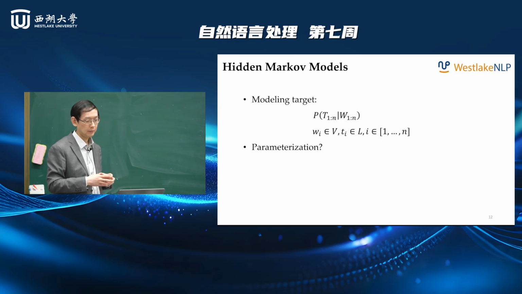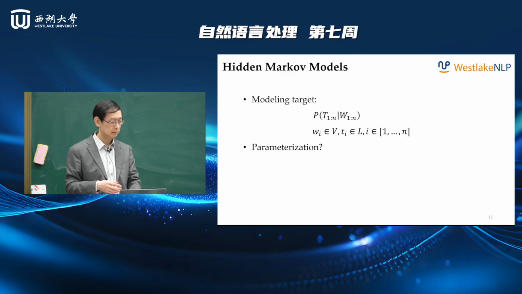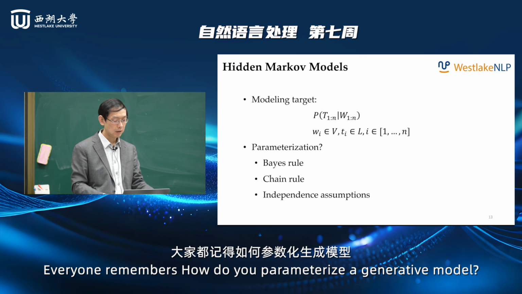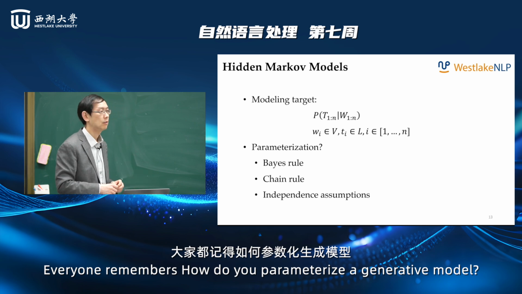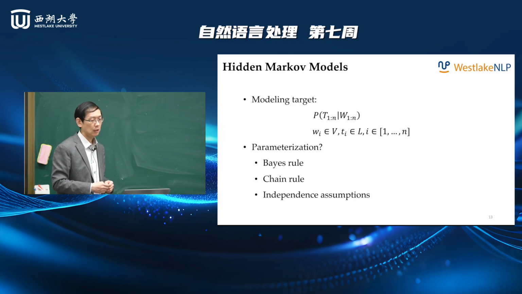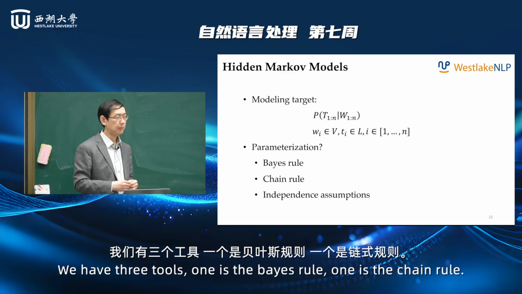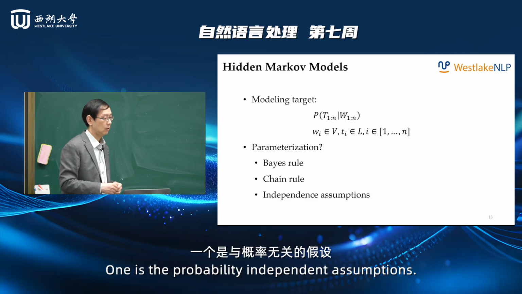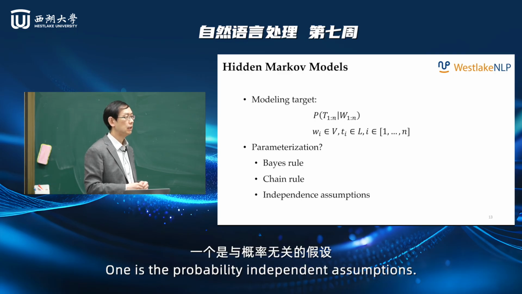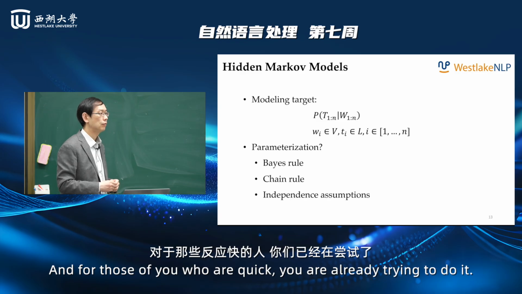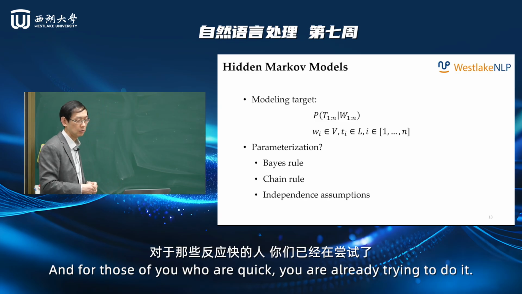How do we parameterize the model? Everyone remembers, how do you parameterize a generative model? We have three tools. One is the Bayes rule, one is the chain rule, one is the probability independence assumptions. And for those of you who are quick, you are already trying to do it.